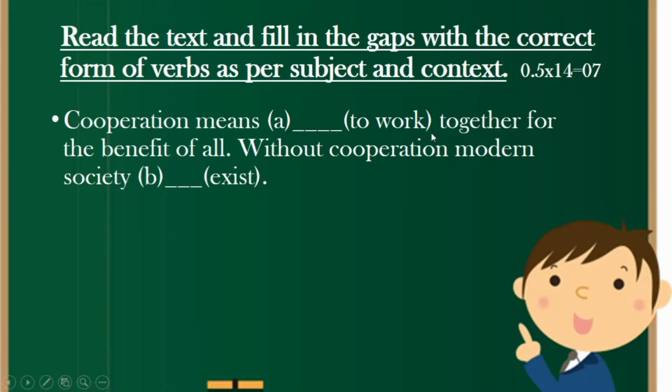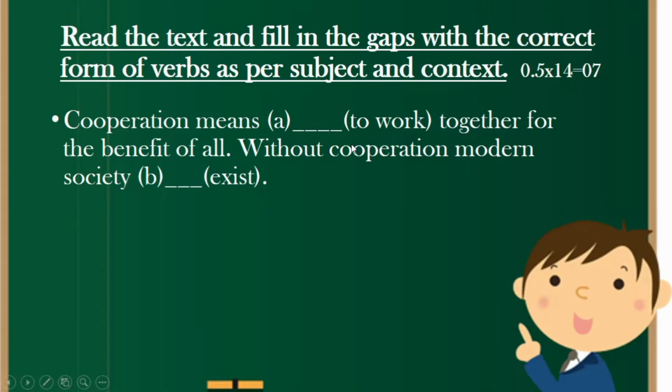Cooperation means work together. My dear students, here you must notice that we have the subject cooperation, and for the subject we have the verb means. So means is the finite verb that we already have. Then what is the work of this second verb? This second verb, work, is a non-finite verb.